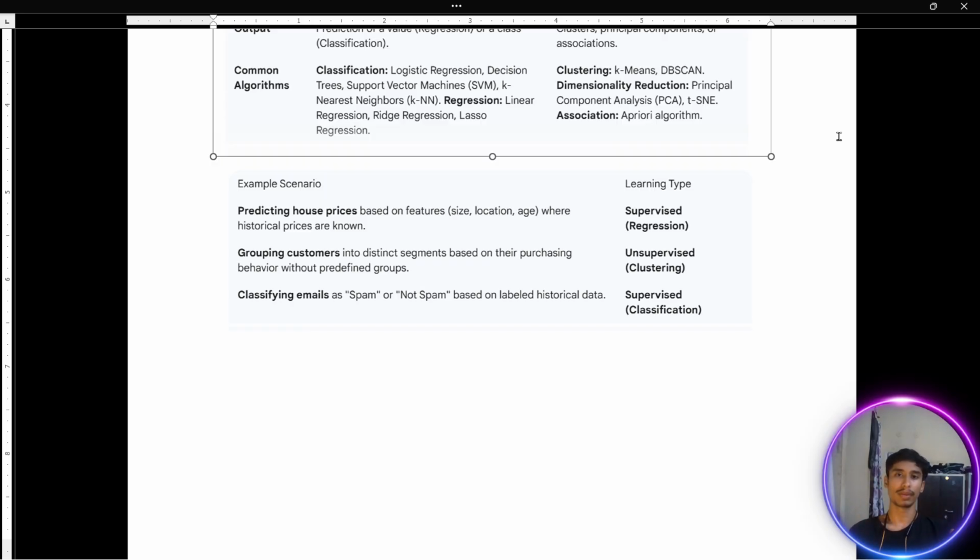Now, take a scenario where we have different emails. We classify them into spam or not spam based on a label, that is, on historical data. We'll be classifying them, and it comes under supervised learning.